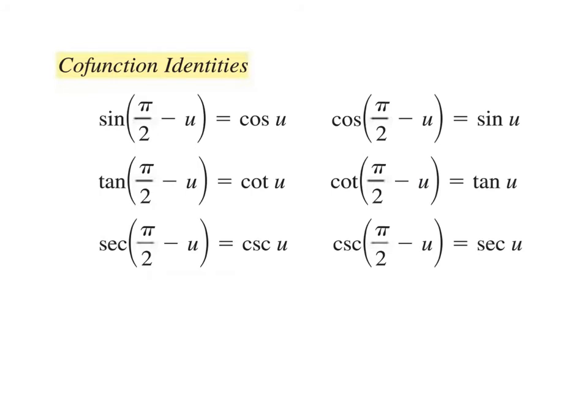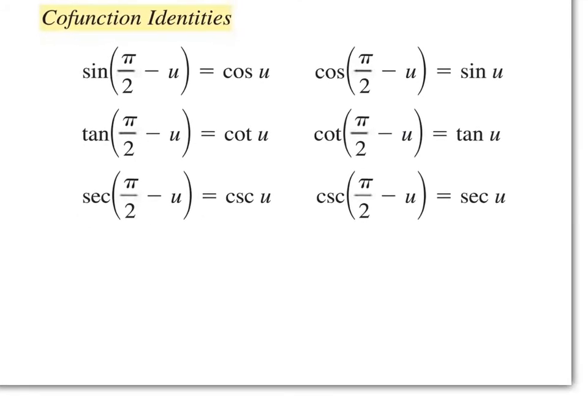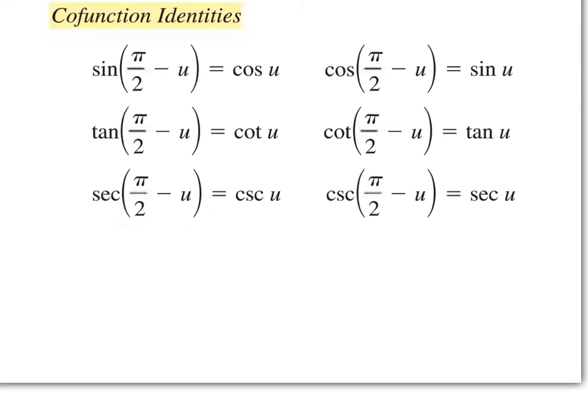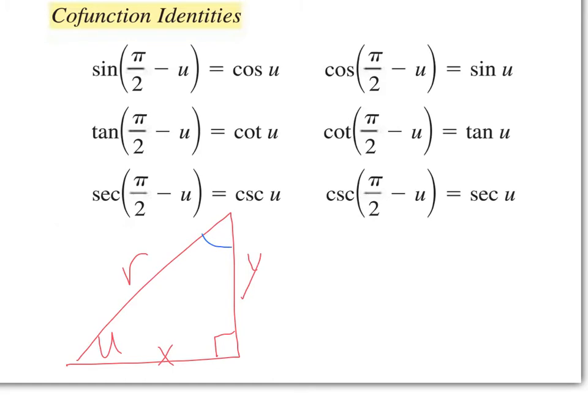Okay, cofunction identities. If I look at a triangle and I call this angle u, horizontal x, vertical y, hypotenuse r. I know that I'm in a right triangle, and so it's easy to find this angle.